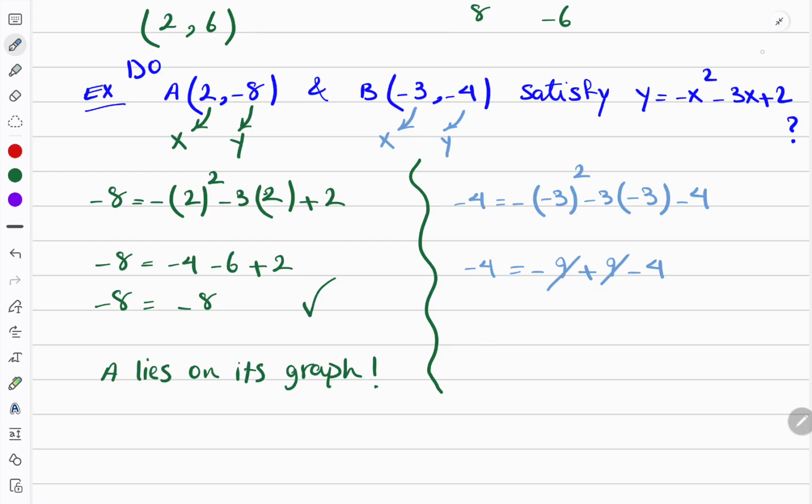So this is +2. So as you can see, -4 doesn't equal 2. So point B doesn't lie on the graph.